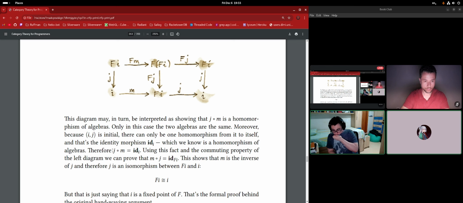Yes, because these identities imply that in some sense M is the reverse of J.